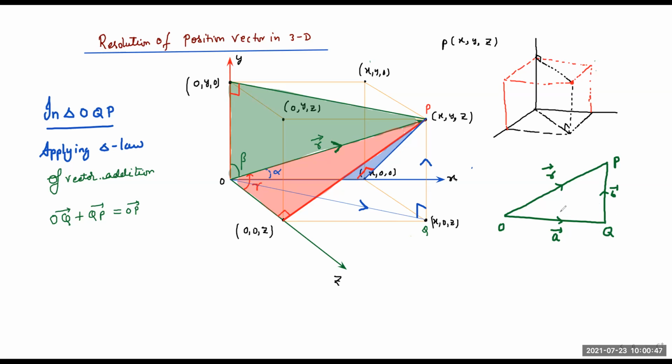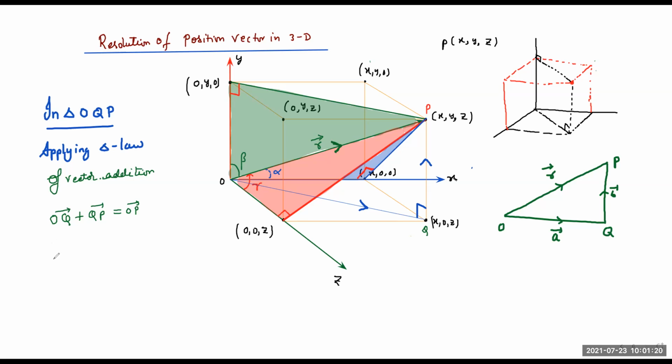A and B are in order, right? If you don't remember, go back to the first lecture, watch the video again, and hopefully you will have a fair idea. So R vector we can write as A plus B. Is this clear? Clear. Now, what is next?